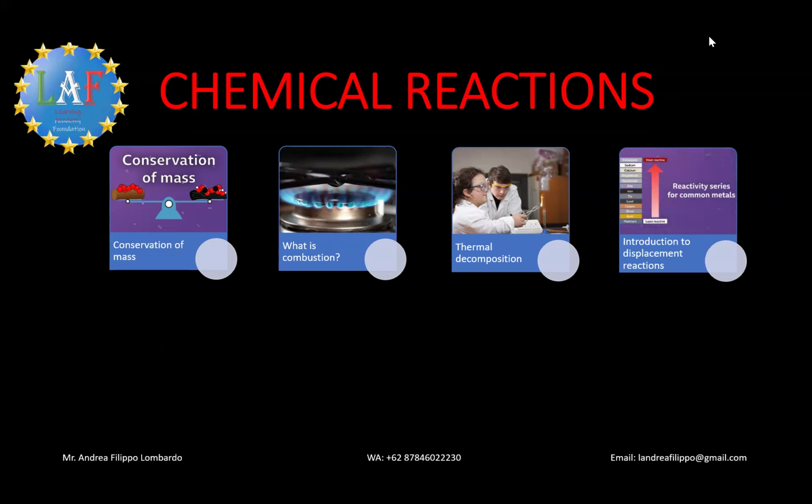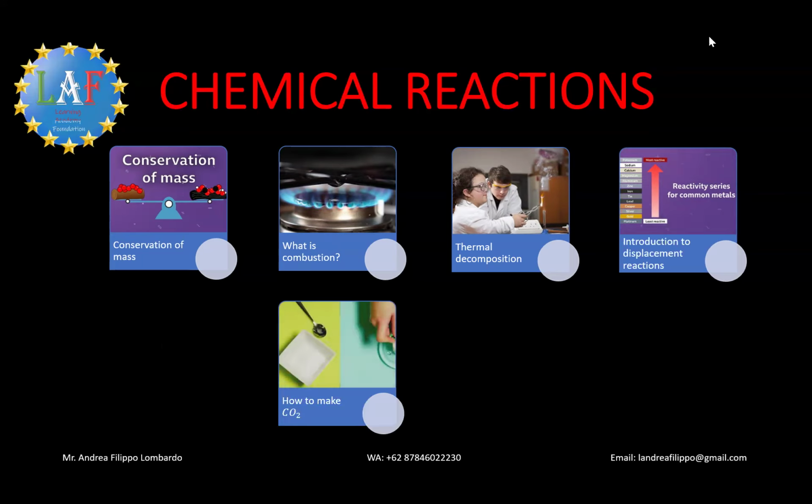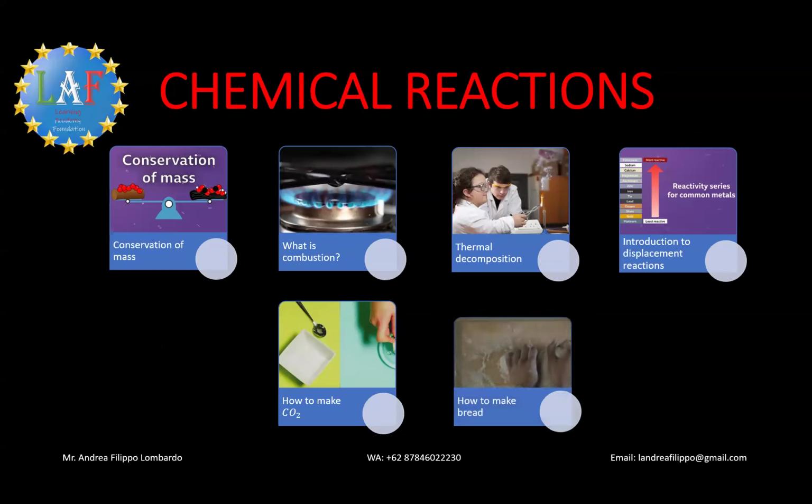In a displacement reaction, a more reactive element replaces a less reactive element from its compound. And the students will also see a simple step-by-step visual guide showing them how to make carbon dioxide and how to bake bread.